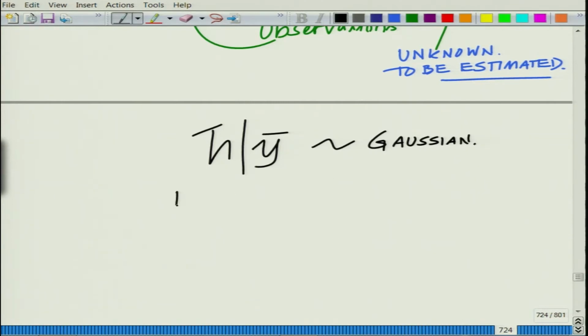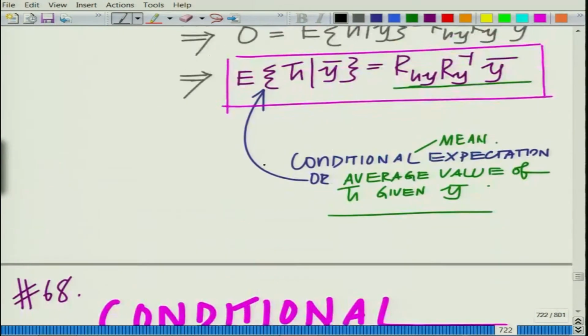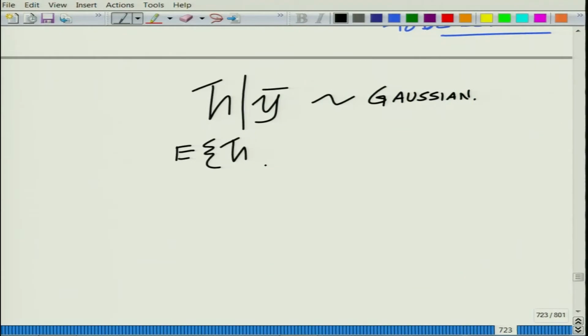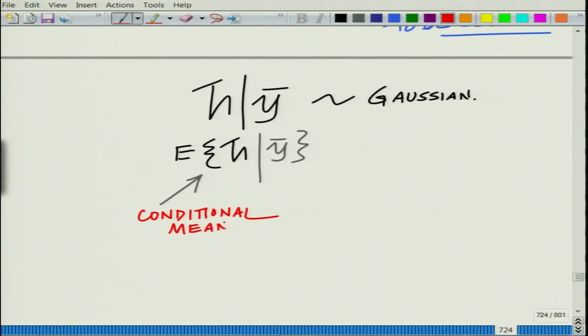In fact, the conditional mean, which we established last time, is the expected value of h bar given y bar, the conditional mean of h bar conditioned on y bar. This has an interesting structure. This is R_HY, the cross covariance of h and y, times R_Y inverse into y bar. This is the conditional mean.